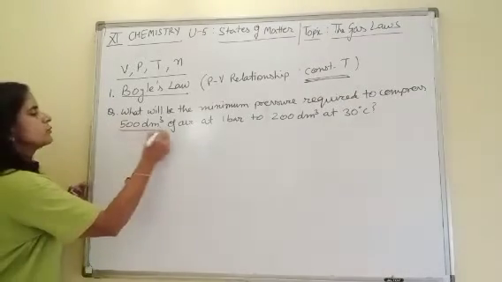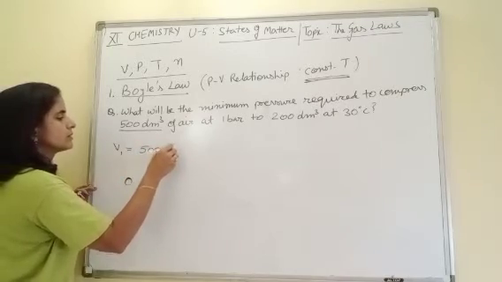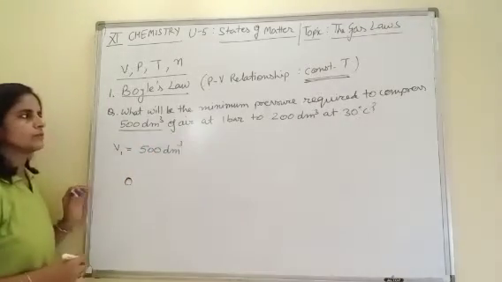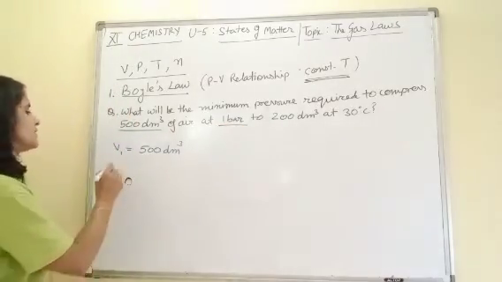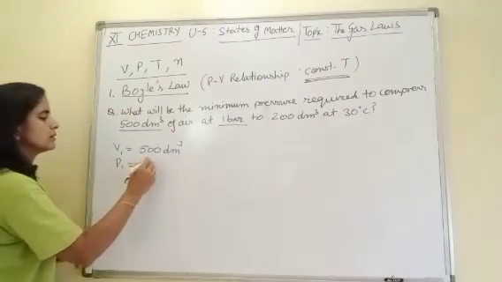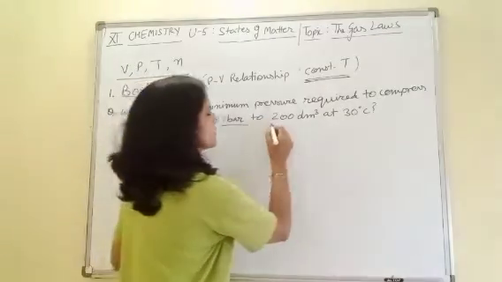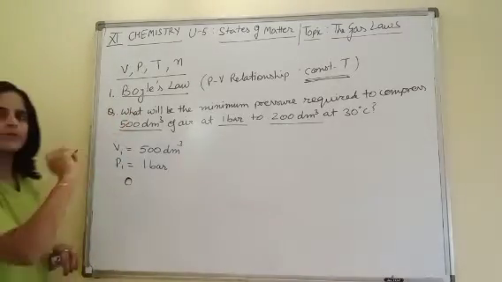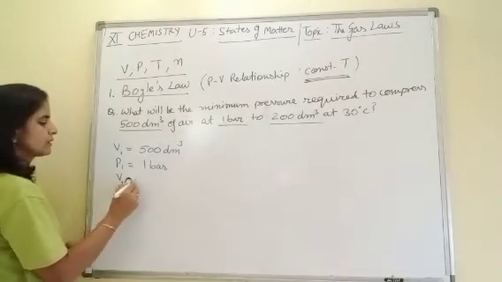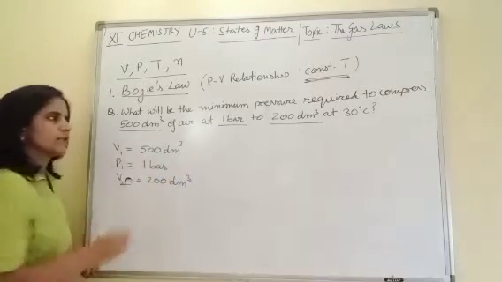Means we take this as V1, the initial volume, 500 decimeter cube. At 1 bar pressure, we take this as P1, 1 bar. Up to how much? Compression to 200 decimeter cube. So this is V2 equal to 200 decimeter cube.